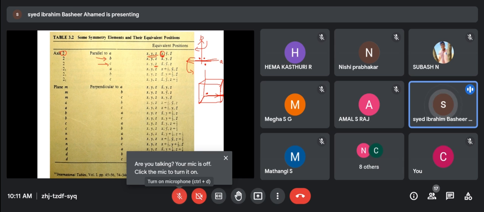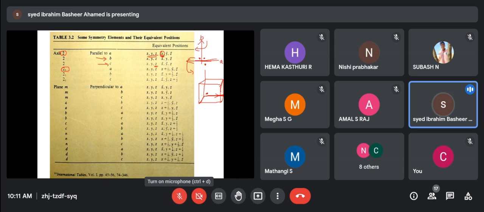Alright? So, if I apply a twofold screw axis which is parallel to A, this is like a twofold rotation. I have to rotate like a twofold rotation, and then translate half unit length.